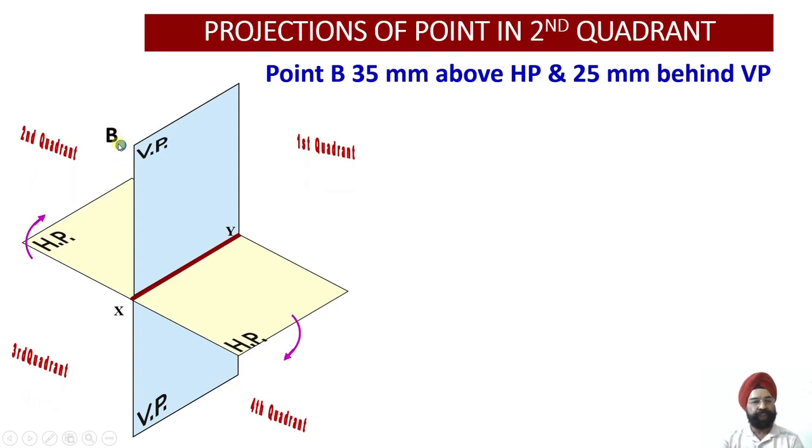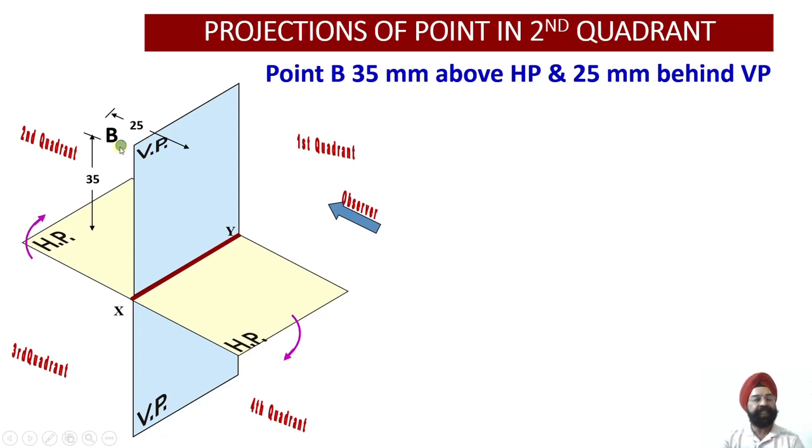So let us draw the location. So looking at the coordinates, after measuring the distances, we have worked out that point B lies in quadrant number 2. Now we have marked the distances. So the behind distance is 25 mm and the above HP distance is 35 mm. So I have got to know the position of the point in space.